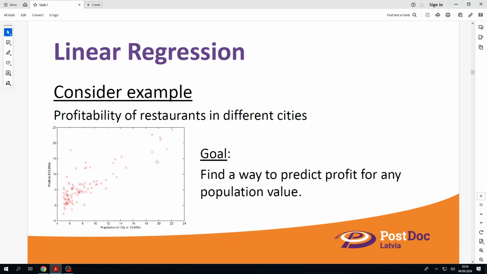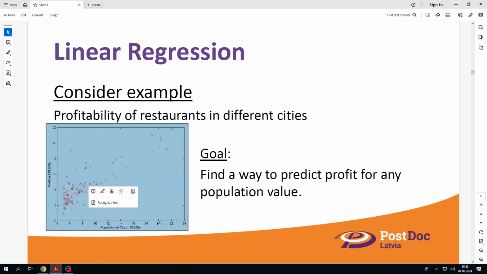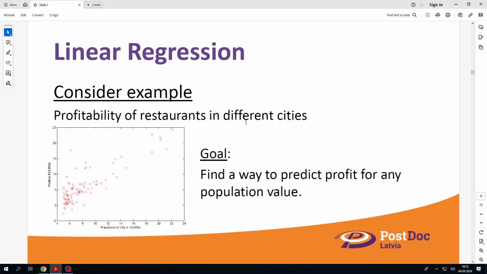Let's say you own a franchise of restaurants in different cities, and you have these statistics, represented in this plot, where on the x-axis you have the number of people living in the city in tens of thousands, and on the y-axis you have your profit in that city in tens of thousands of dollars, yes? As you can see, some cities are even non-profitable, like here you have a negative profit, meaning that you are actually having some losses, but mostly you are more or less profitable.